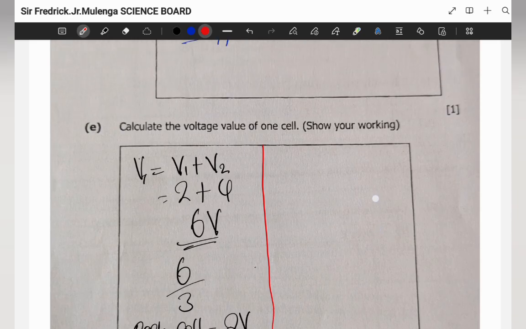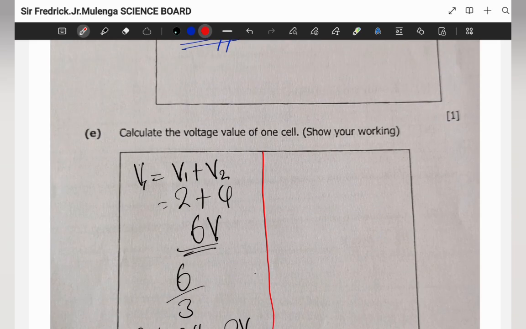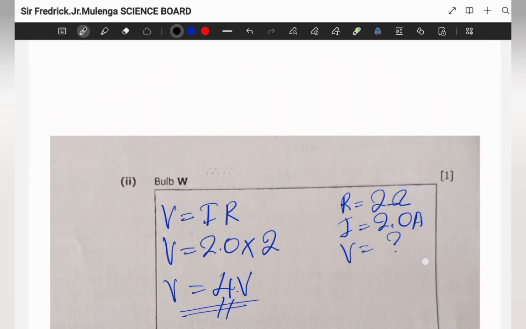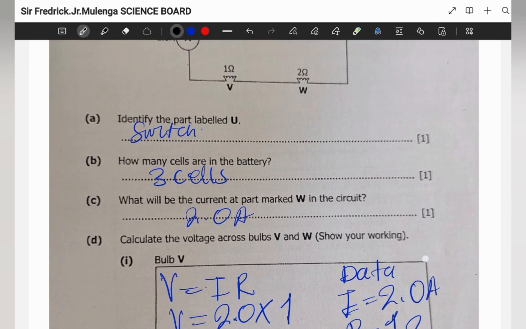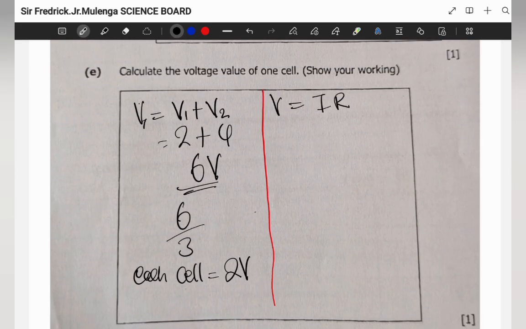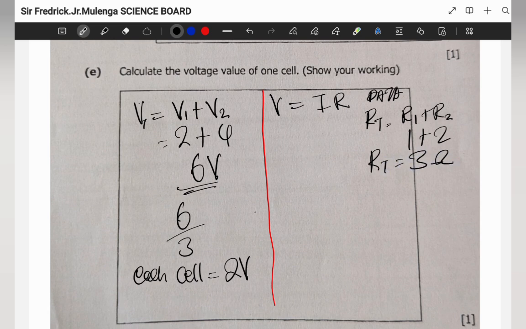The other way, you find the total resistance using Ohm's law formula. So you know Ohm's law formula is V equals IR. So the total resistance, how are we going to find it? We'll add. We know how to find total. So we'll add 1 plus 2. So our total resistance is equal to 1 plus 2, this gives you what? Gives you 3 ohms. Okay, current is the same, so current is equal to 2.0.